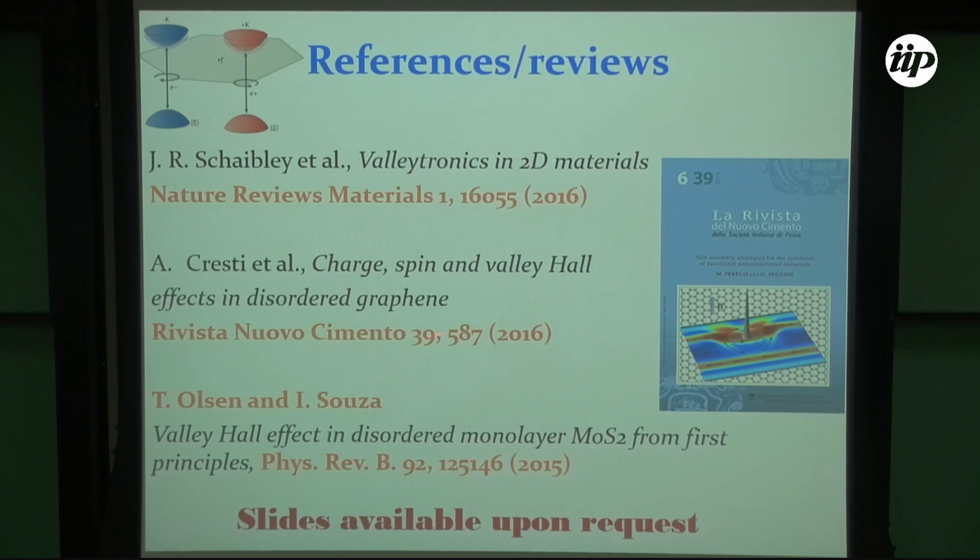Here is a paper where we start to discuss this charge, valley, spin Hall effect in presence of disorder. And I also point out a DFT calculation of the valley Hall effect in presence of disorder. So it's very unusual that we can tackle first principles and disorder together, but this is an interesting paper.